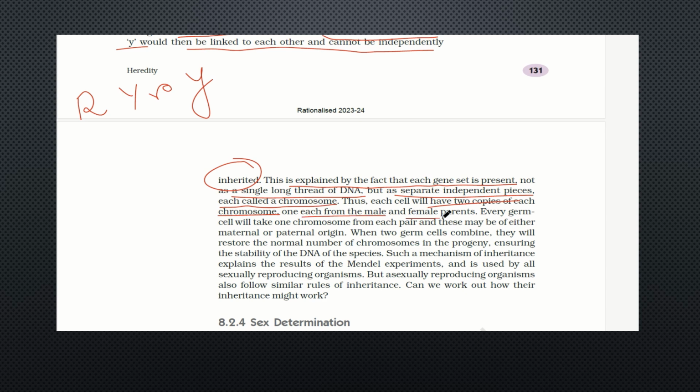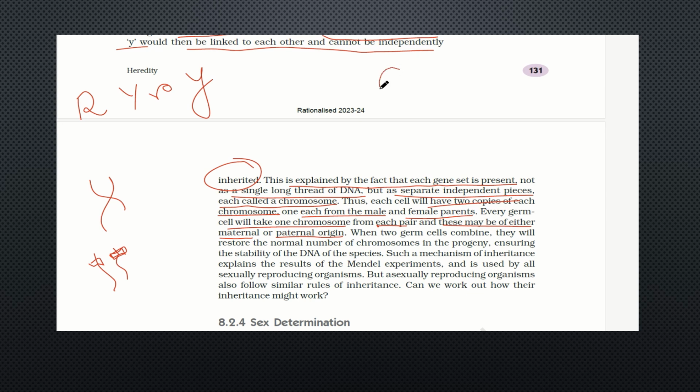from the male and the other from the female parent. So chromosomes like this, one from the male will come, another from the female will come. The gene character is set on some part of this chromosome, and they are linked. They are not coming independently. Every germ cell will take one chromosome from each pair, and these may be either of maternal or paternal origin.